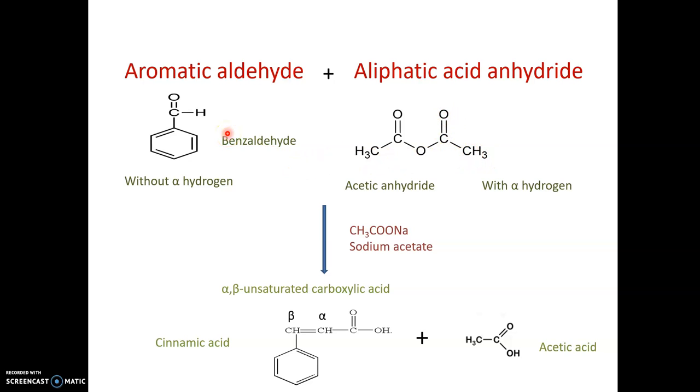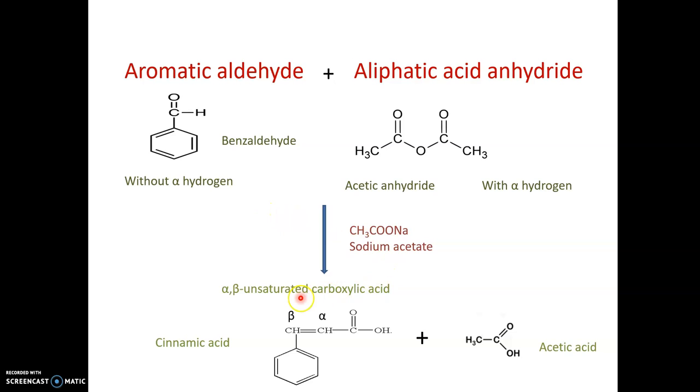So an aromatic aldehyde reacts with an aliphatic acid anhydride in the presence of the corresponding salt. What I mean is, if I take acetic anhydride, I am going to employ the corresponding salt, that is sodium acetate. If by chance I take propionic anhydride, the salt will be sodium propionate. So the corresponding salt is used as a reagent.